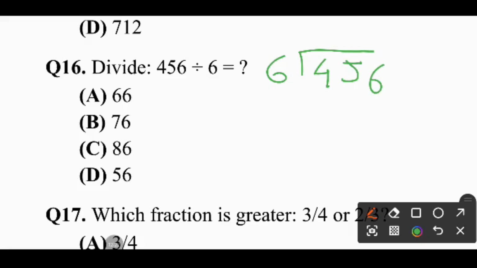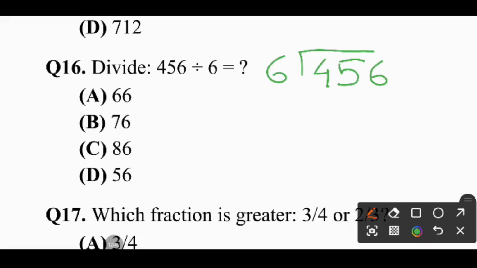Tables are a must. You should be thorough with tables. So in the 6 table, how many times do we get 45 or a number less than 45? 6 ones are 6, 6 twos are 12, and so on. Let's jump to 6 fives are 30, and 6 sixes are 36.